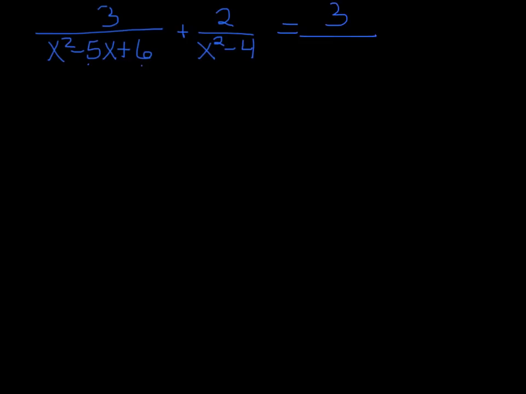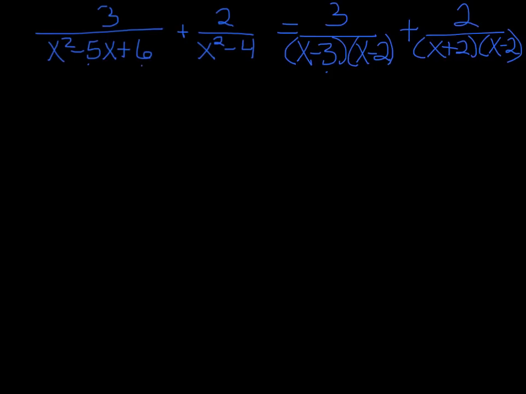Not negative 6 and positive 1, that wouldn't work either, but 3 and 2, or negative 3 and negative 2. So we're going to use x minus 3 and x minus 2. Because negative 3 times negative 2 is positive 6, and negative 3 plus negative 2 is negative 5. Plus 2 over, and x squared minus 4 is a difference of squares, so that's x plus 2 and x minus 2.